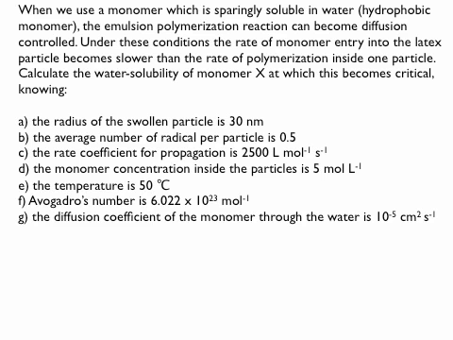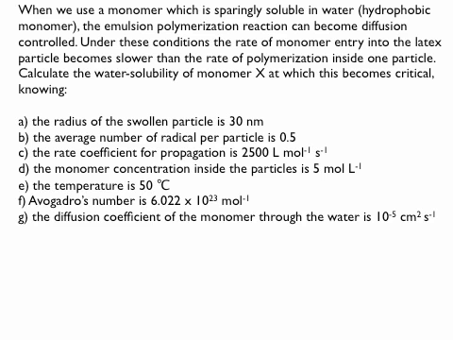Okay. Now, here's an exercise question, which I want you to spend some time on. When we use a monomer which is sparingly soluble in water, the reaction can become diffusion controlled because entry becomes slower than the rate of polymerization. So knowing these numbers, what is the water solubility of monomer X at which this becomes critical?